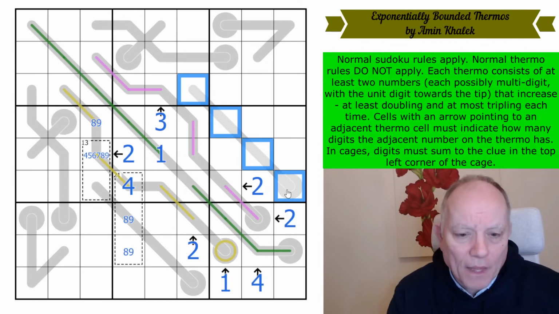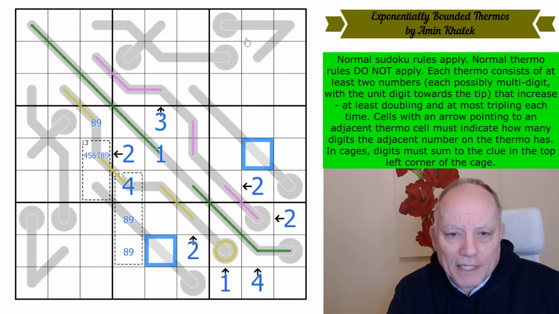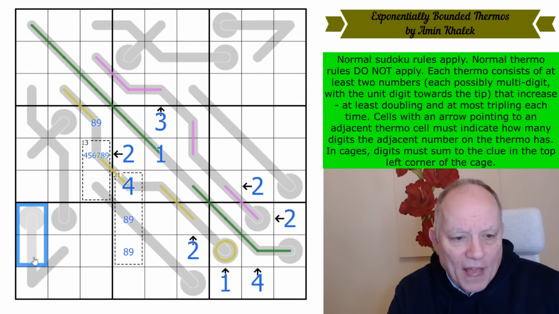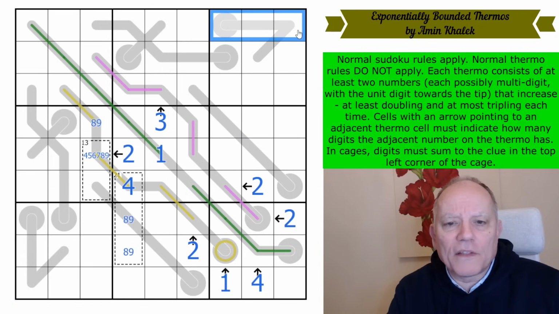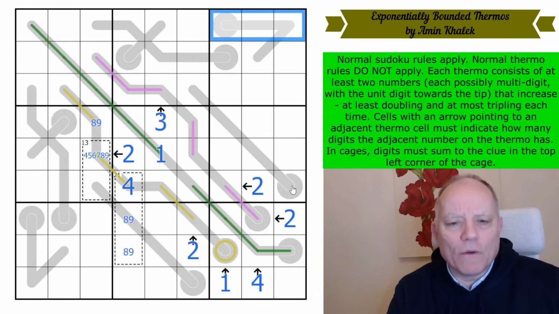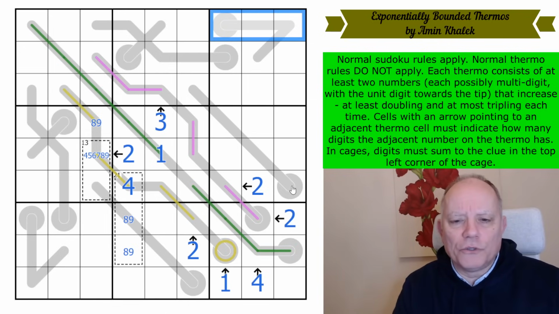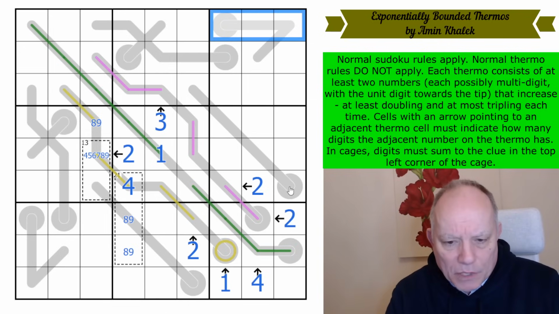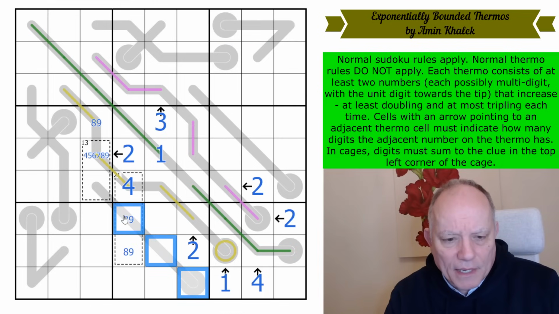That is right. None of these can have a 2 in the second digit. Even that 4-cell line and that 4-cell line can't. So none of the 4-cell lines are 1, 1, 1, 1. They can be 1, 1, 2 or 2, 2, and that's it. They're the only possibilities. This one can't be 1, 1, 2.